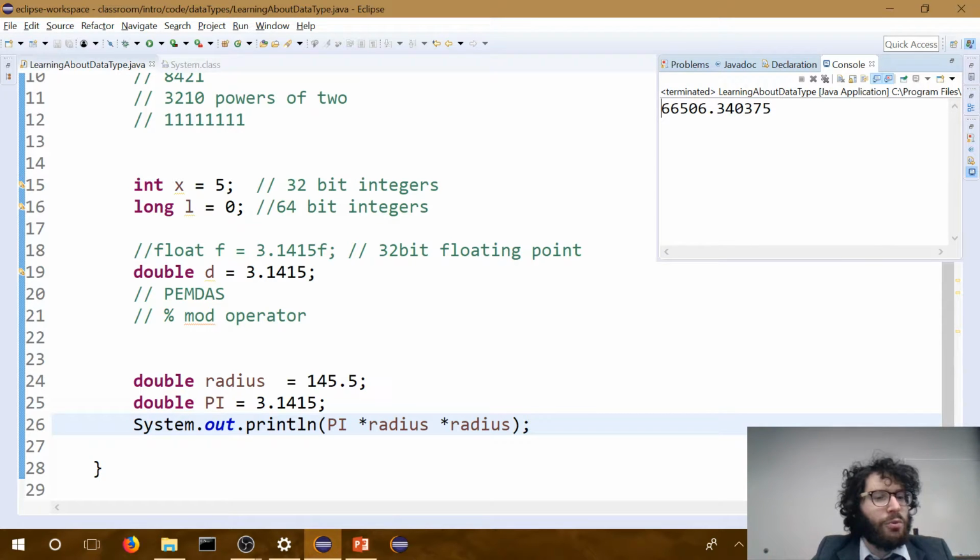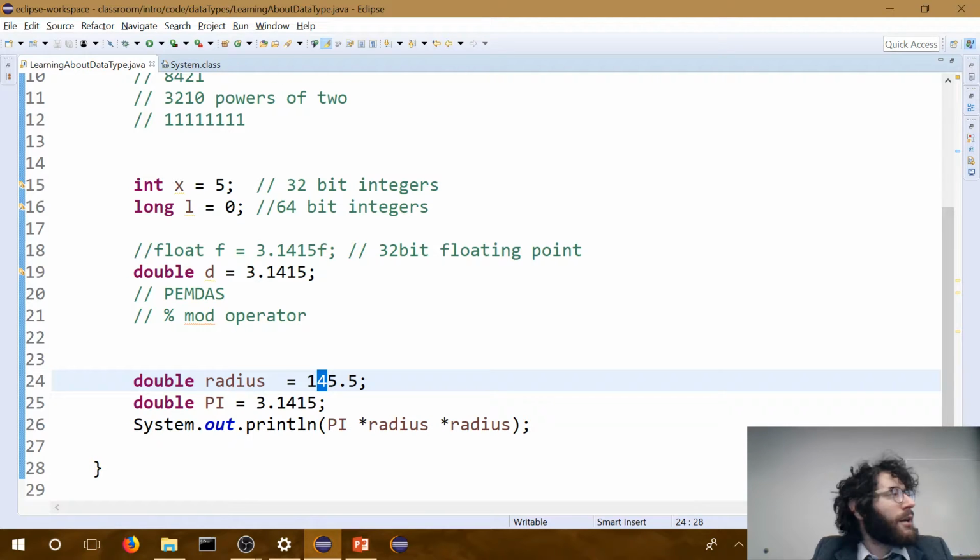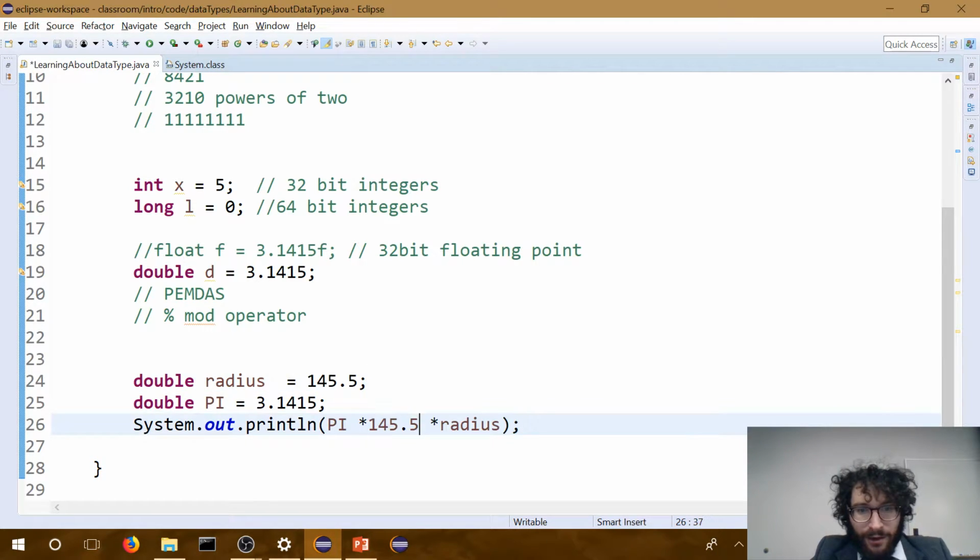The cool thing about using variables here is that I didn't really need to. I could have just copied the numbers directly. But by using a variable, say I want to test a different radius. If I want to change this to 100.5, I'd have to change two numbers.